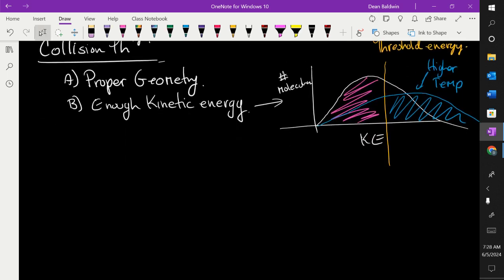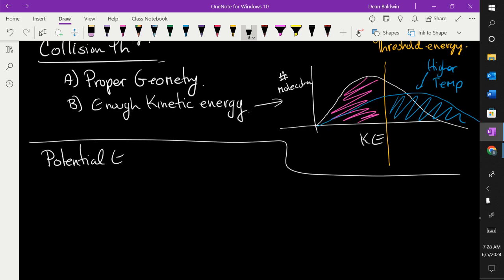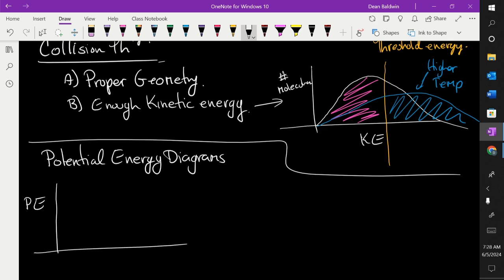And then the last thing is potential energy diagrams, which I think everybody's done a lot of. So two types. This is your potential energy. We have this, which is an endothermic reaction.